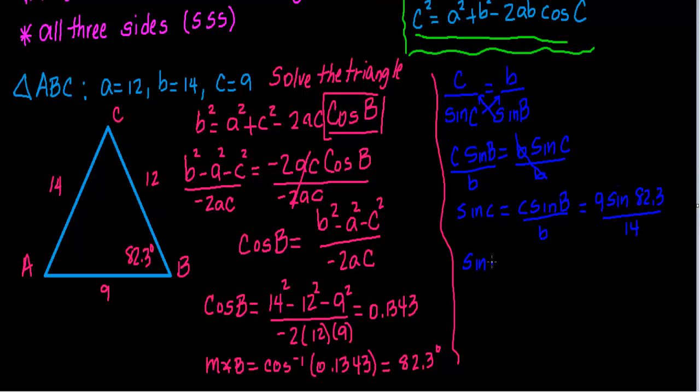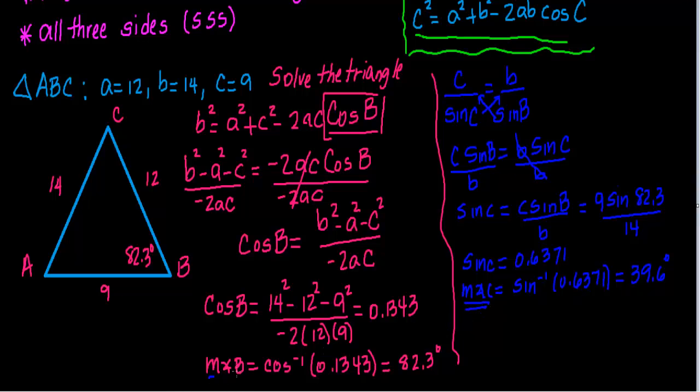So sine of C is equal to 0.6371. That means the measure of angle C is the inverse sine of 0.6371, which is 39.6 degrees. That's the measure of angle C.